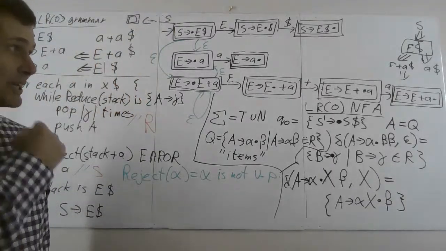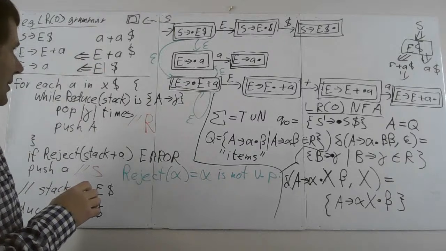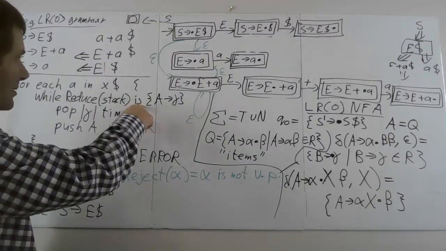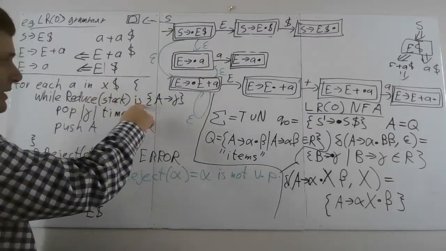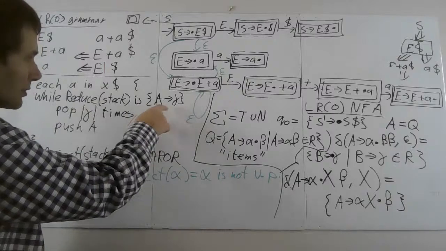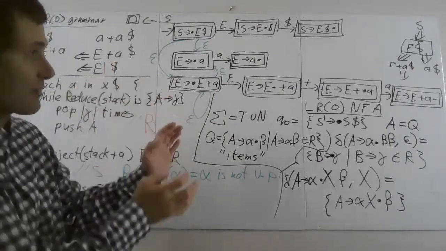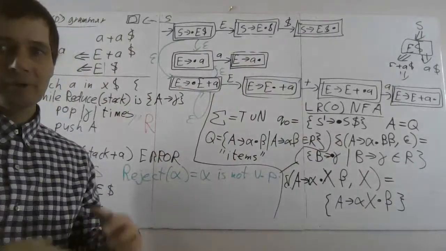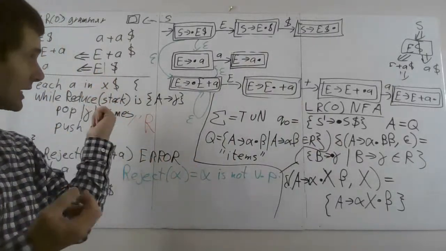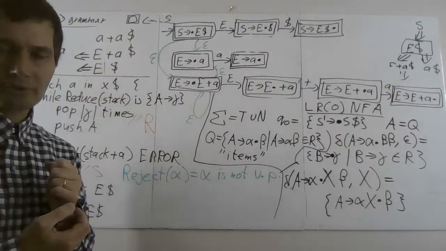The thing about it being LR0, you need to make sure that reduce is going to give you at most one rule. So there's that catch. For any grammar you can build this NFA, but not all grammars are going to be LR0, are going to be parsable this way.